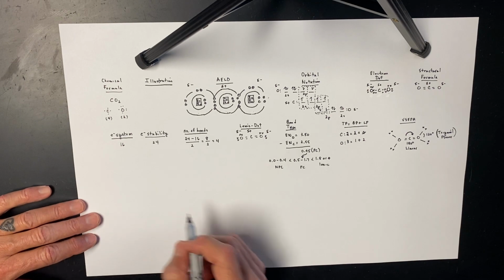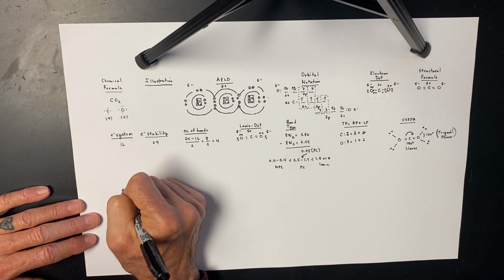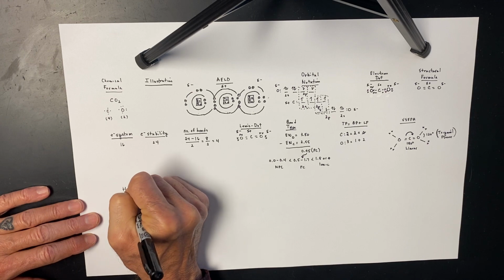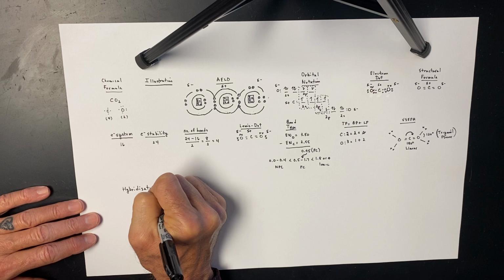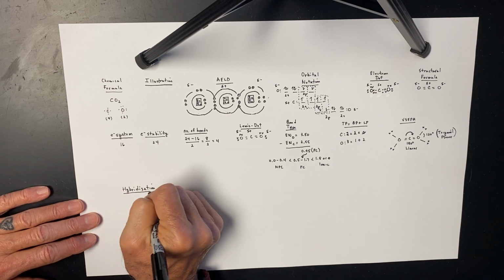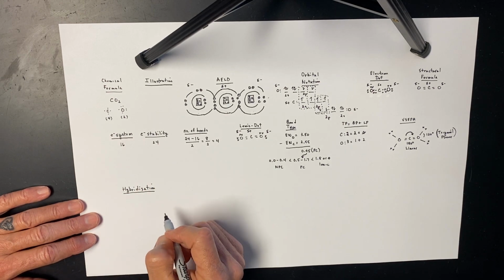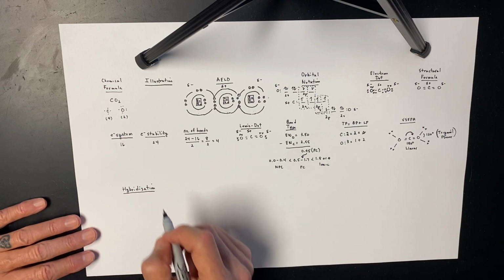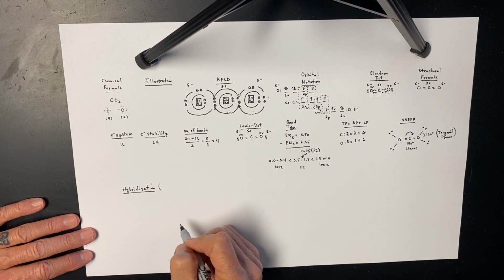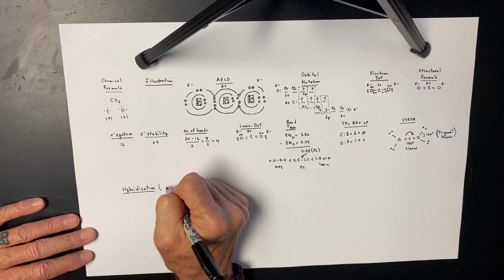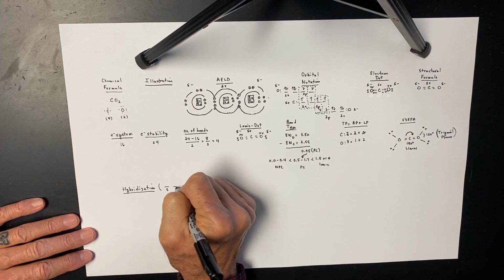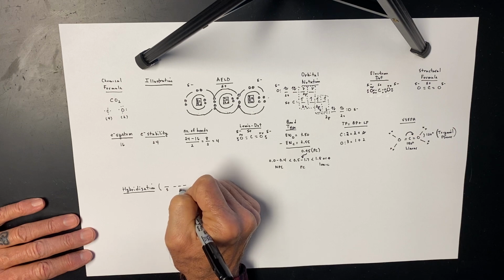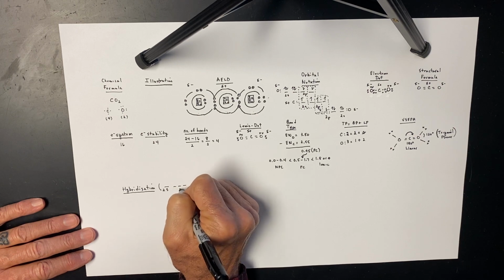So the companion theory to VSEPR theory is called hybridization theory. So let's work on this for just a little bit. To explain the arrangement of electrons around carbon, it can be said that carbon has an s and 3 p's on the second energy level.